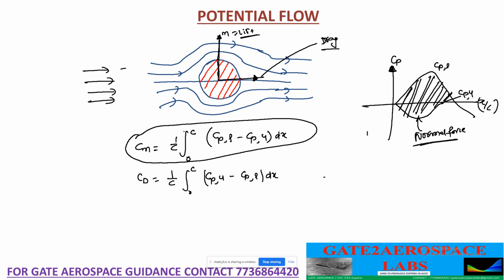So if you take Cpl minus Cpu, first you determine the area under the Cpl versus x by c curve, and you subtract the area under the Cpu curve to get the Cn. Okay, is it clear?